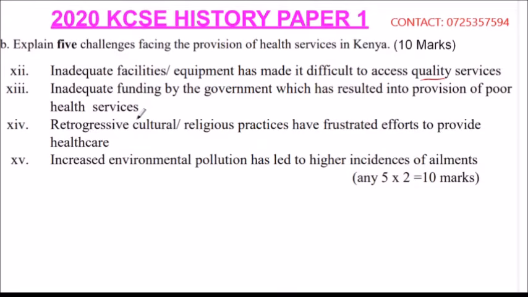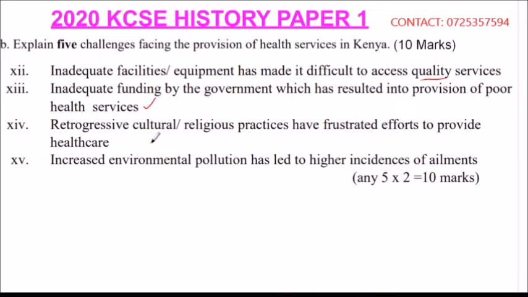The country budget is strained, and therefore the government does not fund the health sector with enough finances to be able to cover better health care or provision of health services. Number 14, retrogressive cultural or religious practices have frustrated efforts to provide health care.